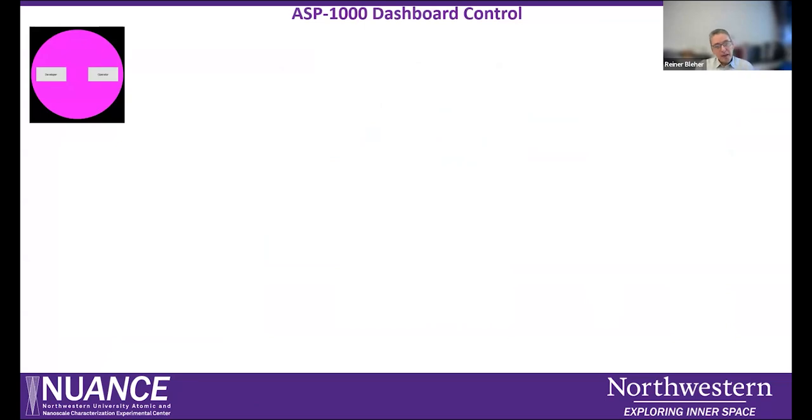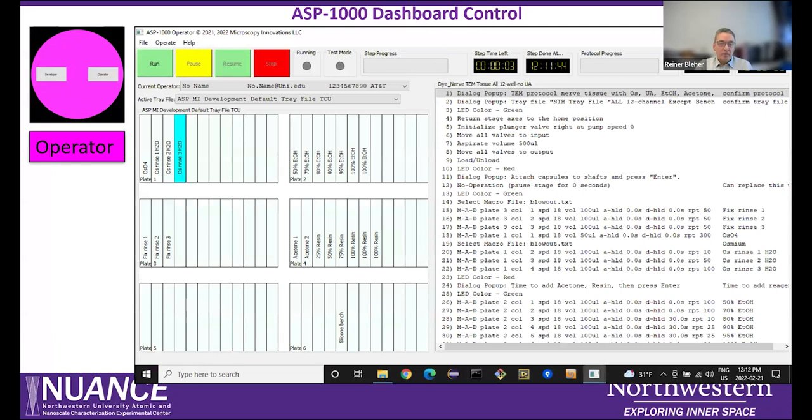So the first step, setting up the protocol, is done with the so-called dashboard control. That's the software we are using. And there are 2 basic modes that we have with this software. One is the operator mode. That is what usually the user would encounter. So all the user has to do when the protocol has been established well before is to load the correct protocol and to make sure that the correct tray file is loaded.